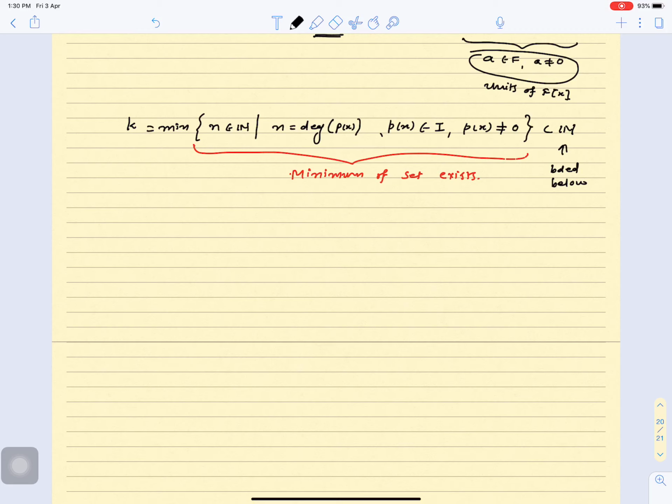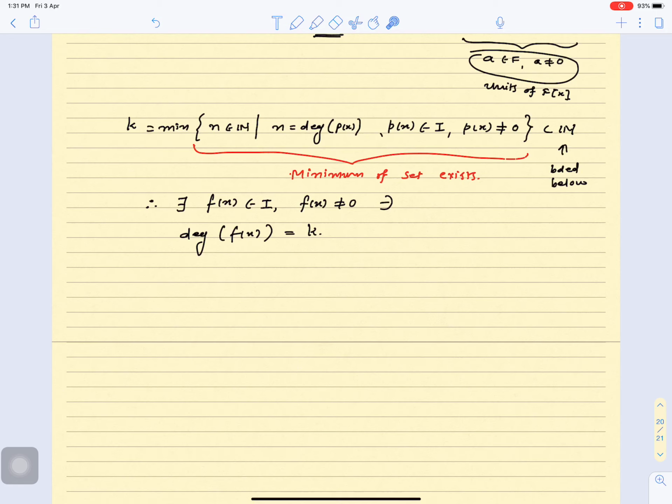So therefore there exists f(x) belonging to I, such that f(x) is not equal to 0 and the degree of f(x) is equal to k. See, the minimum of this set exists.